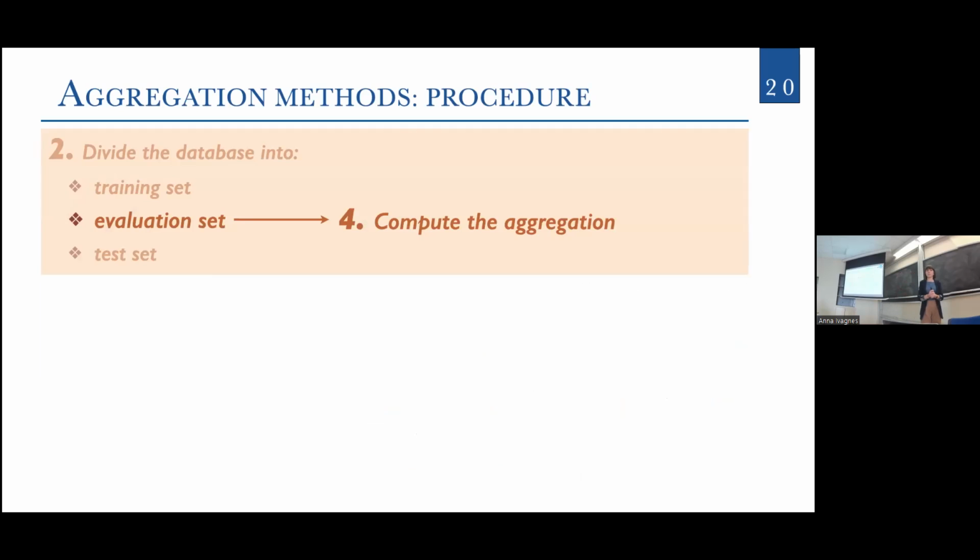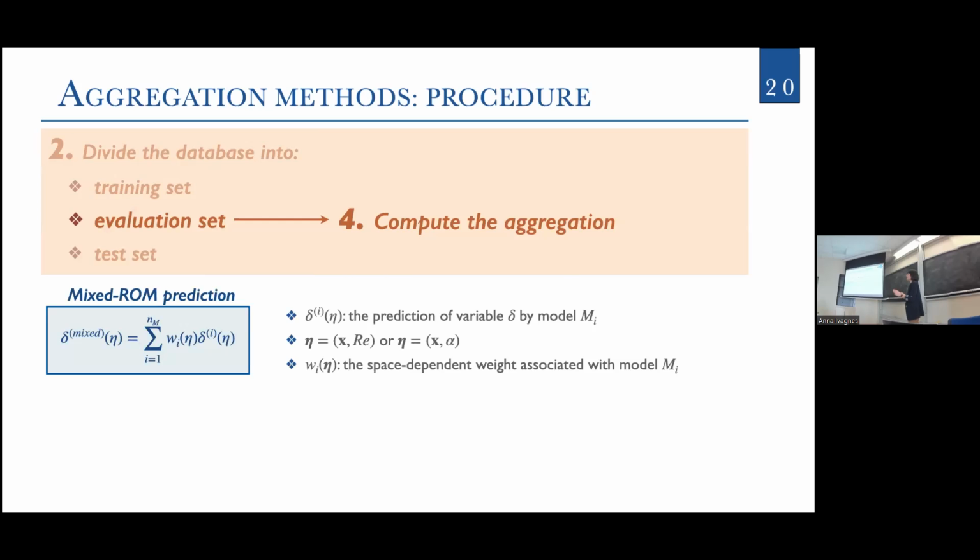now let's pass to the aggregation part, so to the interesting part. So we are now in the evaluation set, and we want to compute this aggregation. Okay, the idea is very simple. It's just a convex combination of the predictions that you have. So this delta i are the predictions of all the reduced order models that you have.